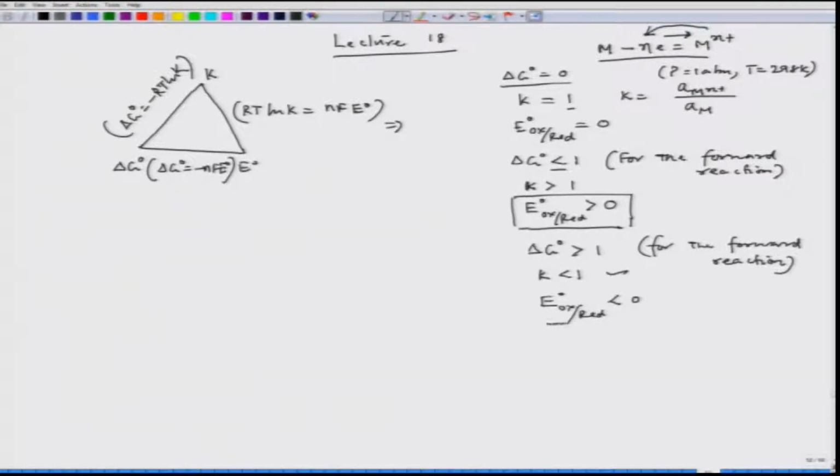So, that means the potential would go towards negative. That means the cathodic. So, that means we have less amount of this reaction.